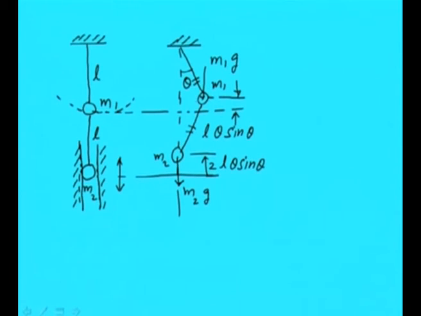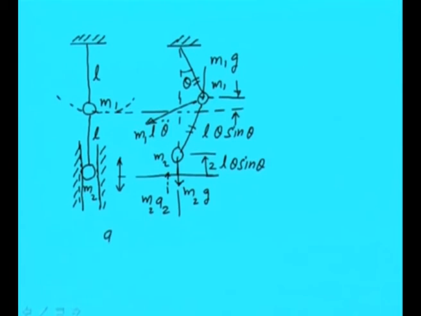Then in the tangential direction along the path of m1, we have m1 L theta double dot, and this particular mass will have a linear acceleration, let us say m2 a2. A2 is the linear motion acceleration of the mass.